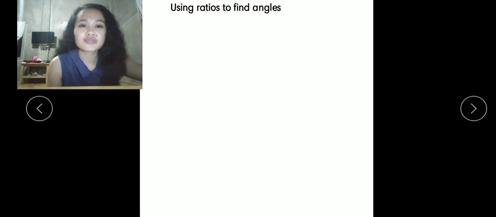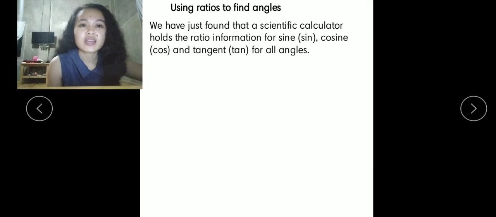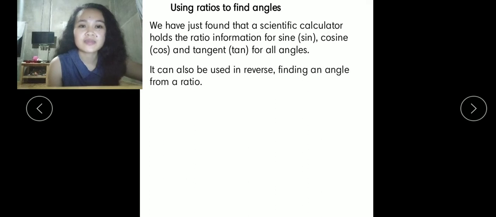Using ratio to find the angles. We have just found that a scientific calculator holds the ratio information for sine, cosine, and tangent for all angles. It can also be used in reverse, finding an angle from a ratio.